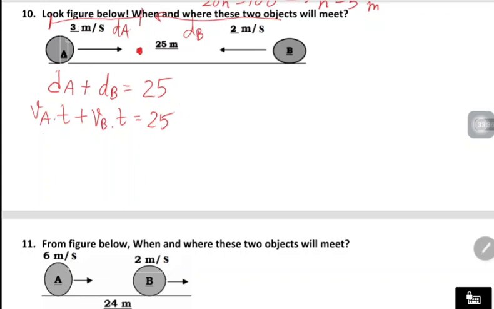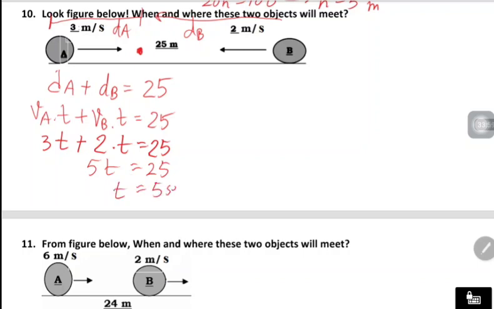Velocity of A is 3 times t plus velocity of B is 2 times t equals 25. We get 5 times t equals 25, and t is 5 seconds.